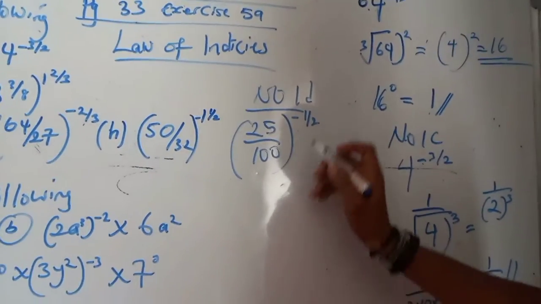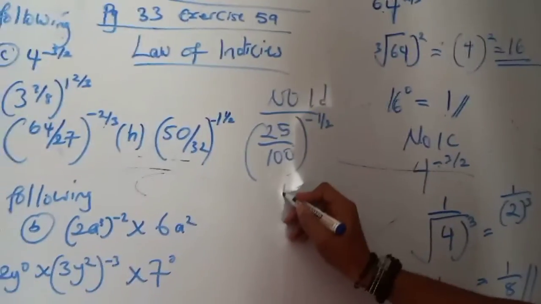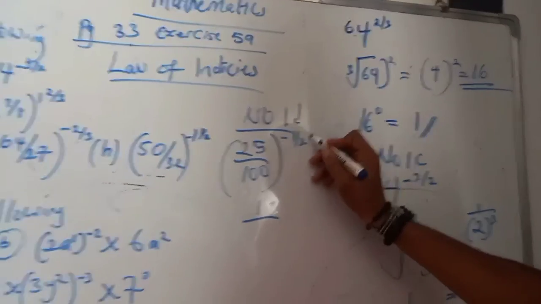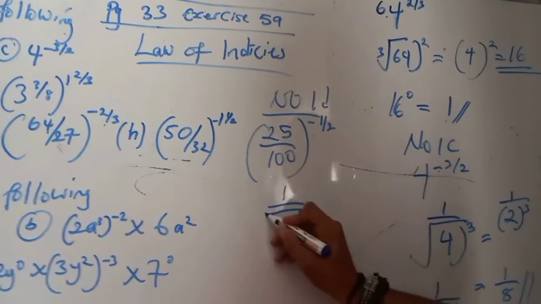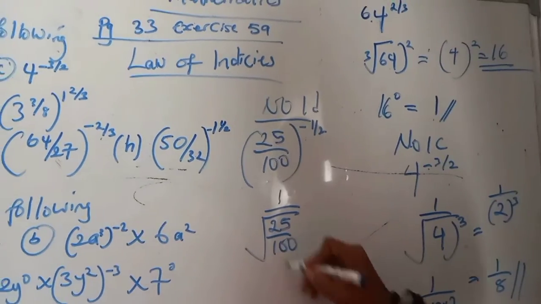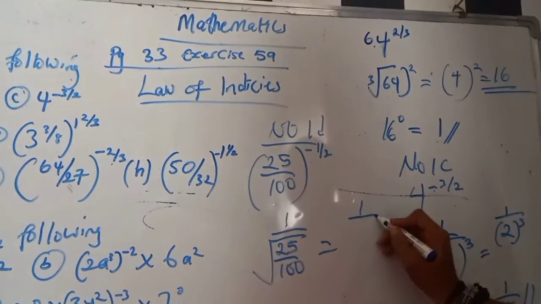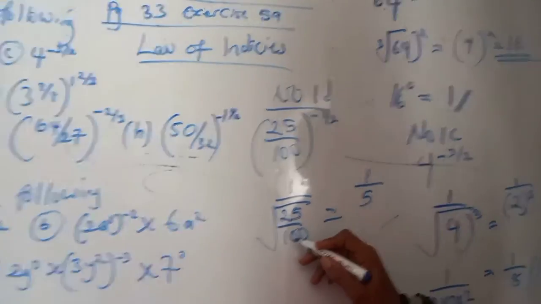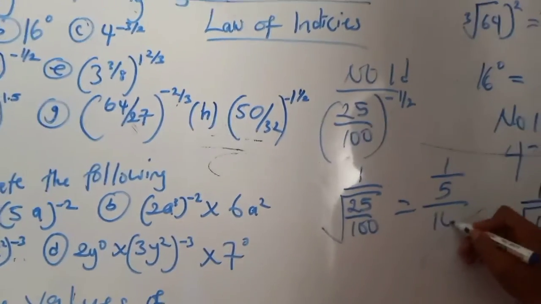The negative law is 1 over, and the fraction is a square root. So the square root of 25 over 100 equals 1 over, the square root of 25 is 5, and the square root of 100 is 10.